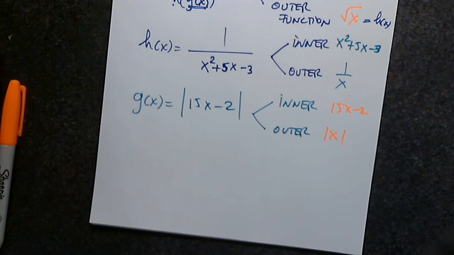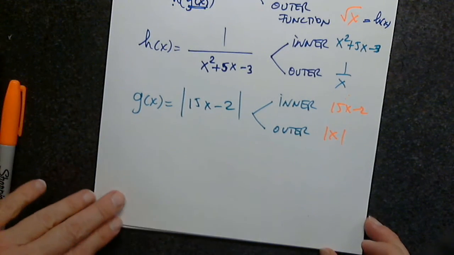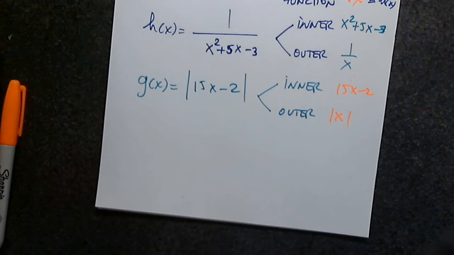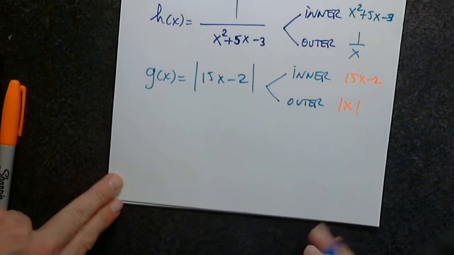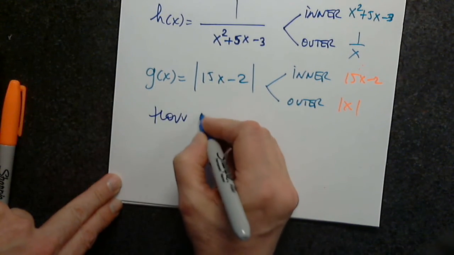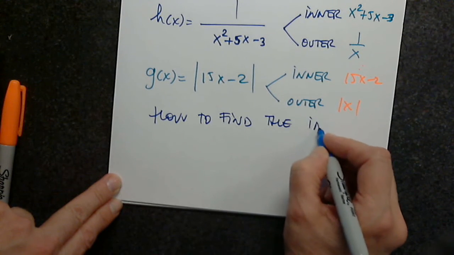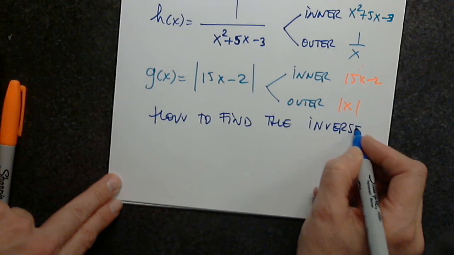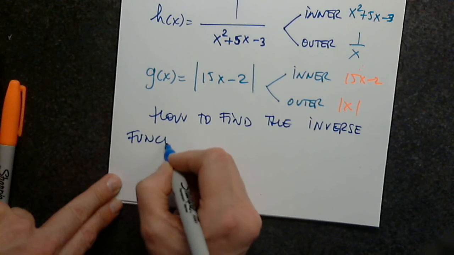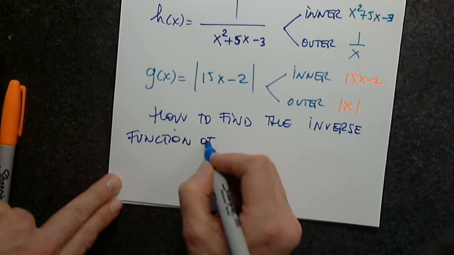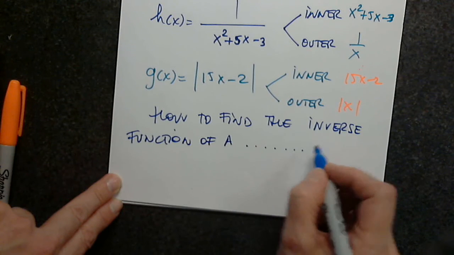Back to 2.7, the only item that is left is how to find the inverse of a function.